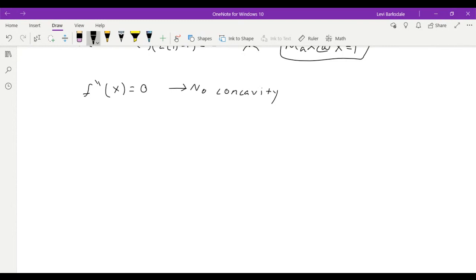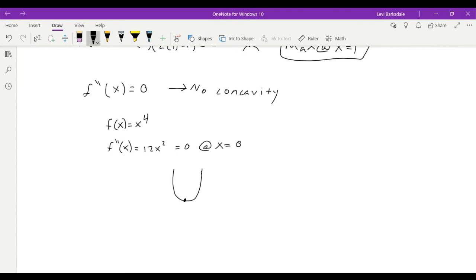Because if you think of the quartic function, f of x equals x to the 4th, our second derivative is 12x squared, which is equal to 0 at x equal to 0. But the graph just looks kind of like this, and we actually don't have a concavity change.